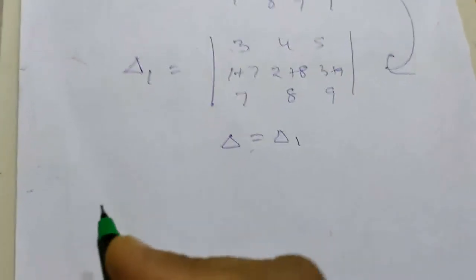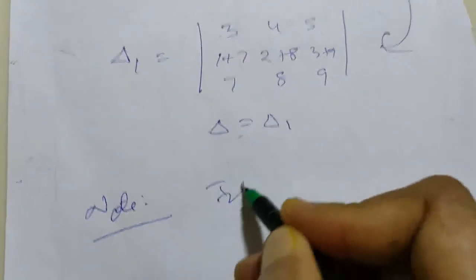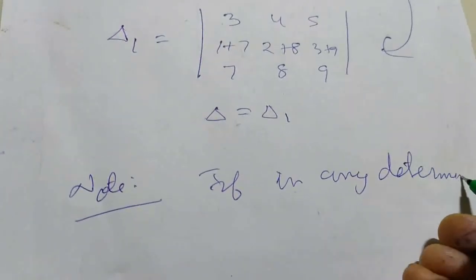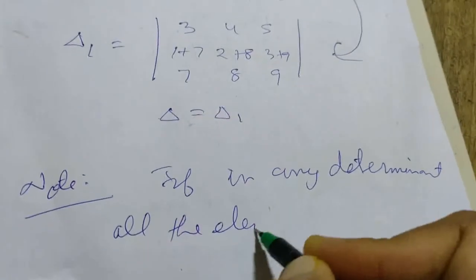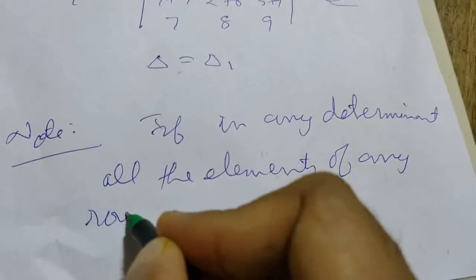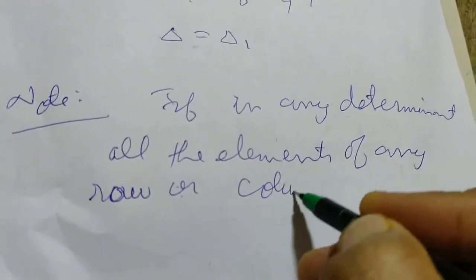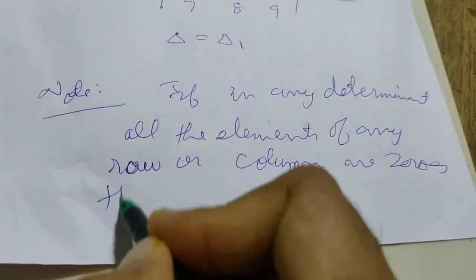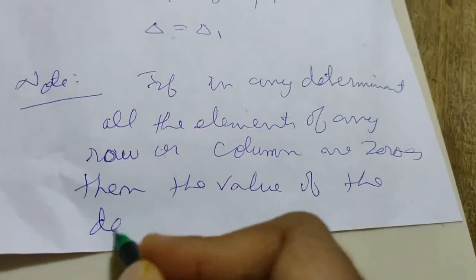And one very simple note that you can know on your own also, that is if in any determinant all the elements of any row or column are zeros, then the value of the determinant is also 0.